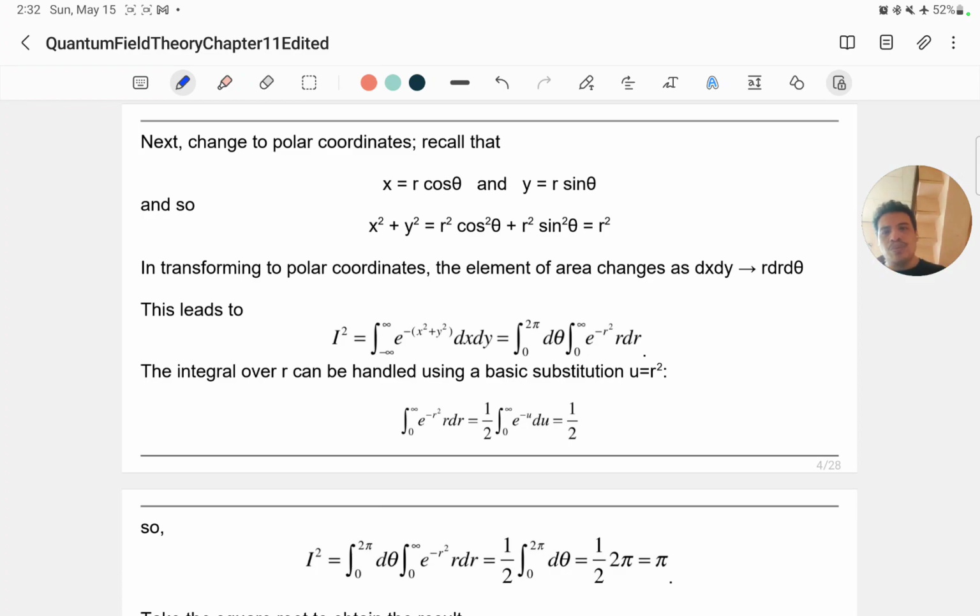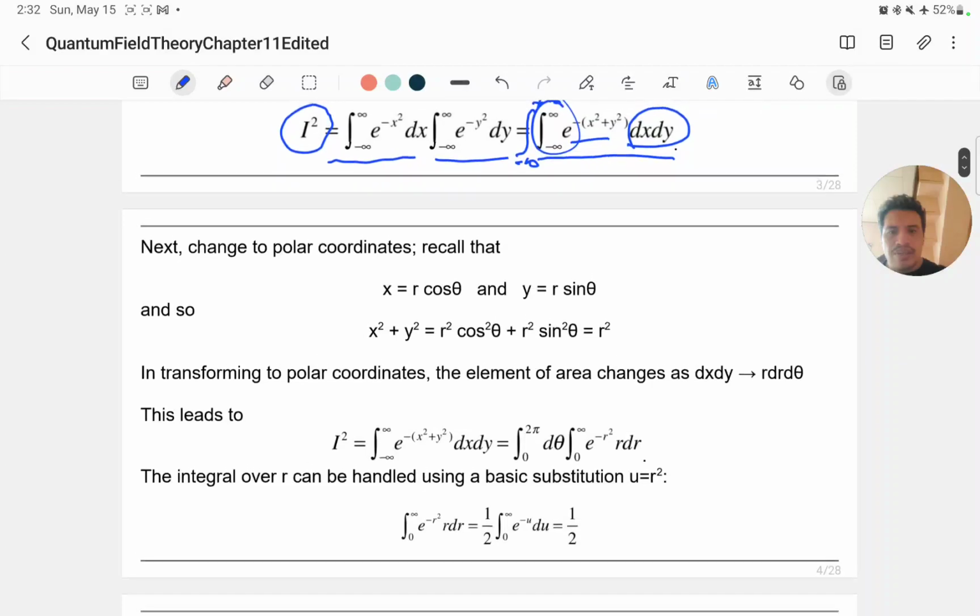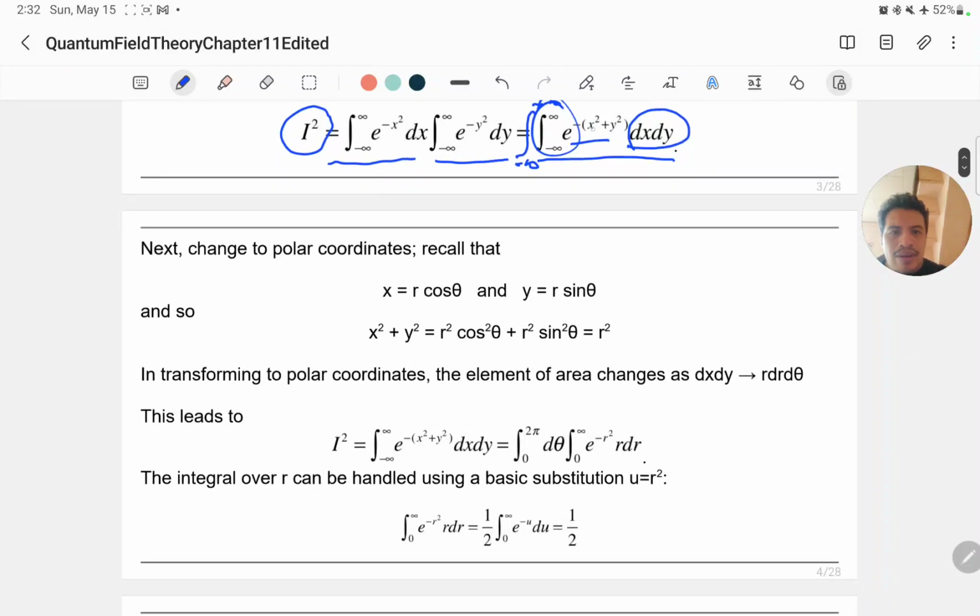Then we change to polar coordinates. As you can see, you have x squared plus y squared there, and that is just equal to r square. And of course, in polar coordinates, you have x equals r cosine theta, and y equals r sine theta.